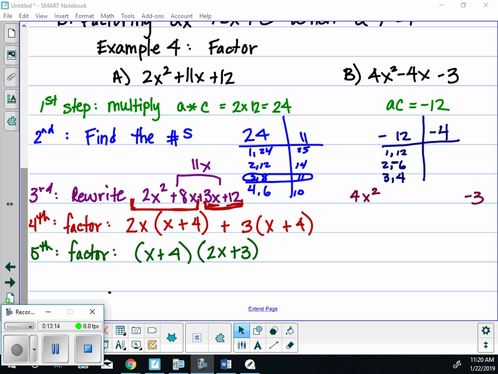Do I want to put the 2 here and the 6 here, or the 6 here and the 2 here? So we try to figure out what order those x's need to go in, and now I'm going to factor the first grouping and then factor the second grouping.